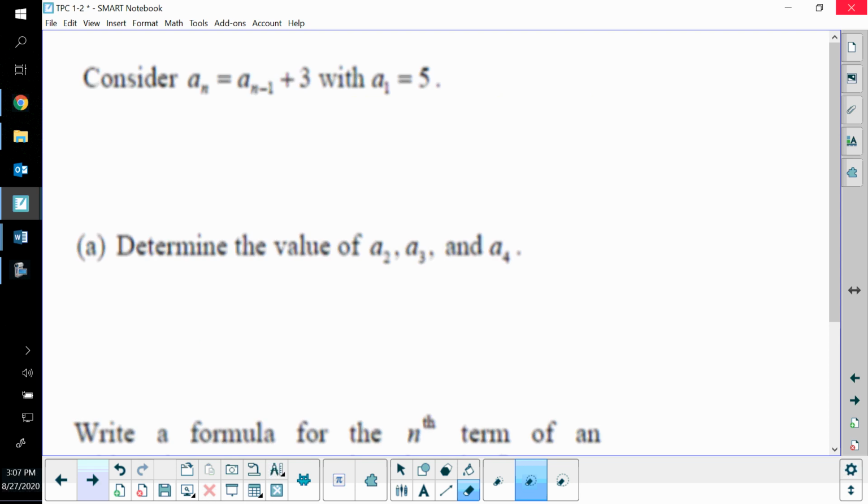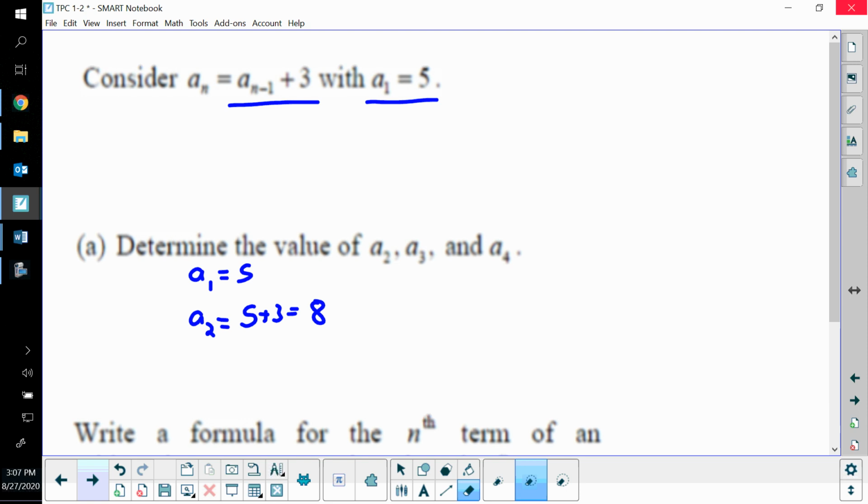Okay, so consider a recursive formula. It doesn't say it's recursive, but we know it's recursive because it's got the a sub n minus 1. And it's telling us that a1 is 5. We want to find the second, third, and fourth terms. If a1 is 5, and this is our formula, to find a2 we just do the previous term plus 3 to get 8.